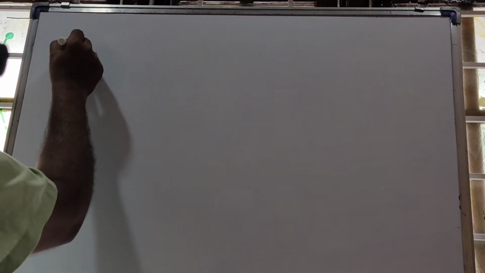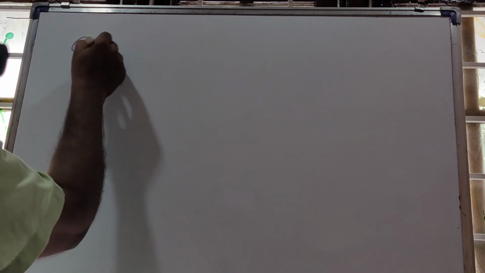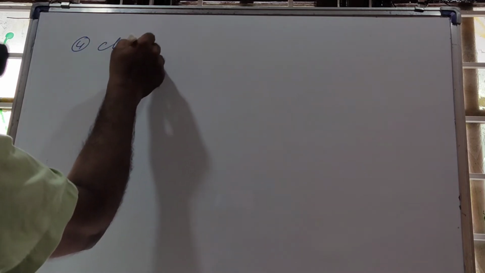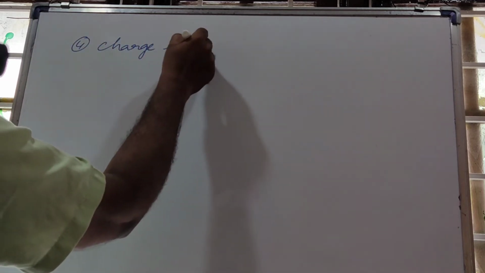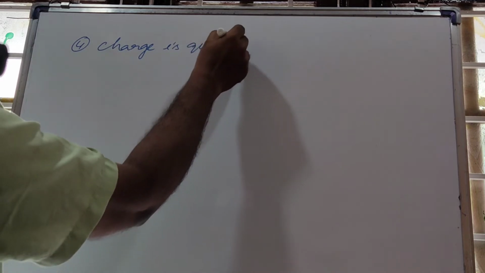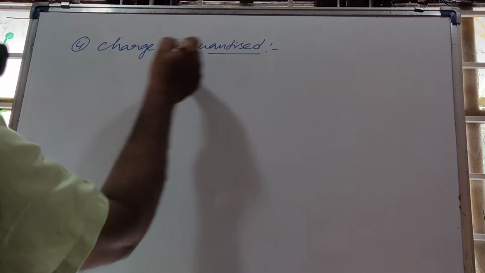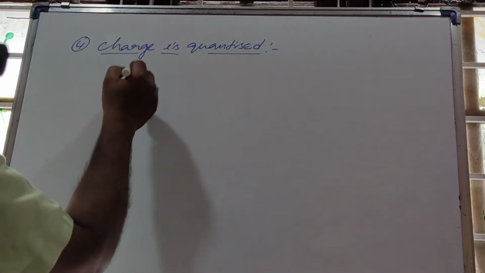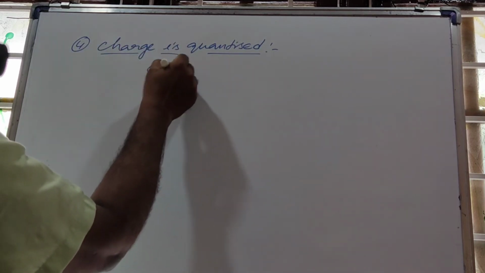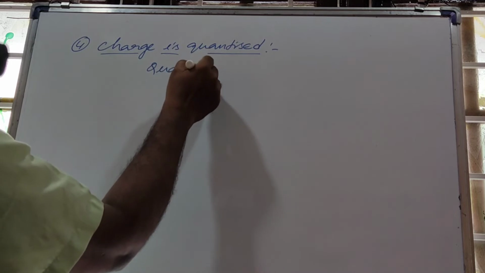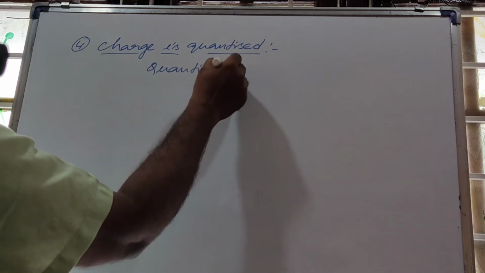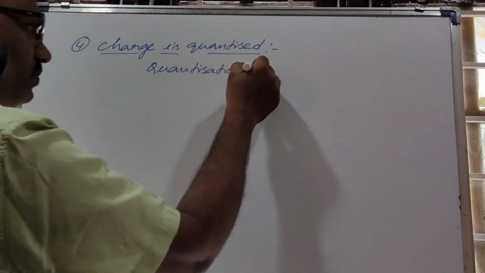Now we are going to discuss the fourth property of charge, that is charge is quantized. This can also be called as quantization of charge.